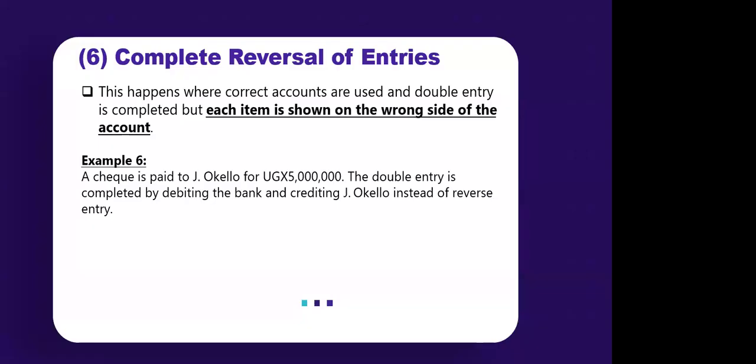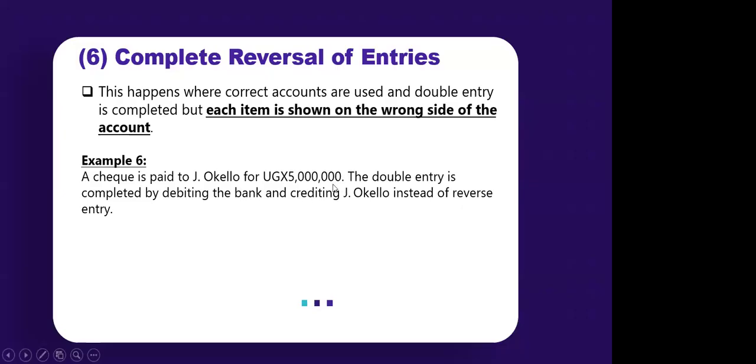I don't know whether you can understand me by what I'm saying. You have posted the right amount, which is 5 million, to the right accounts, J. Okero and the bank, but on the wrong side of those accounts. For example, in this scenario, you had to credit the bank, but instead you debited it.